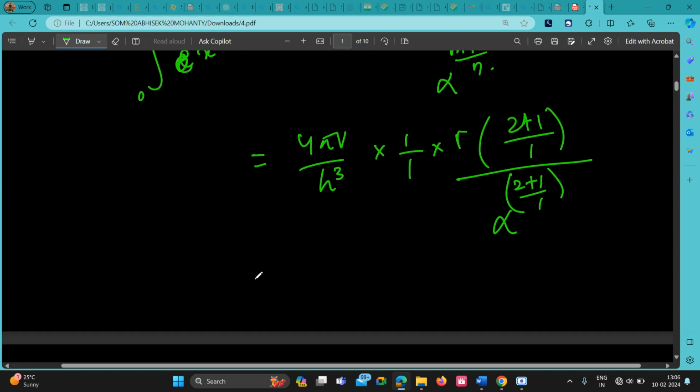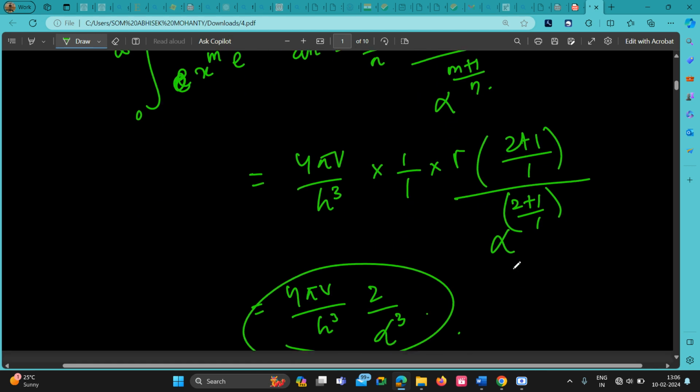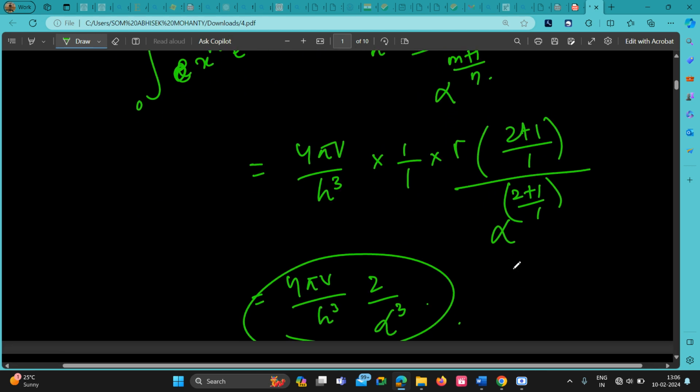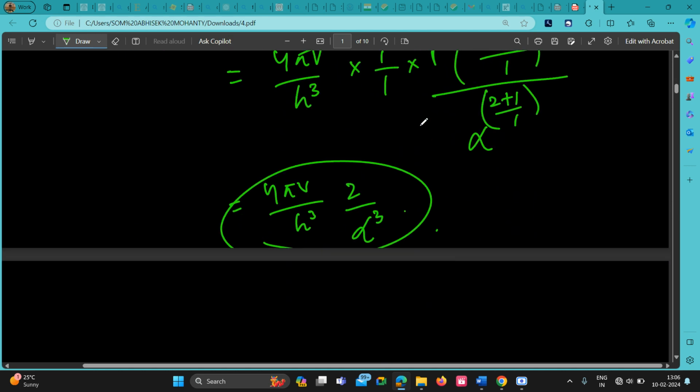So 4 pi V by h cube, gamma 3 is actually 2, isn't it? 2 by alpha cube. Alpha is the coefficient of p, that is beta c. So just put beta c in place of alpha: 4 pi V by h cube, 2 by beta c whole cube.